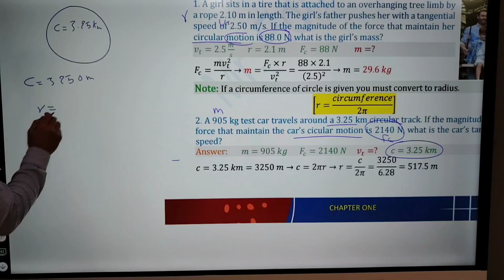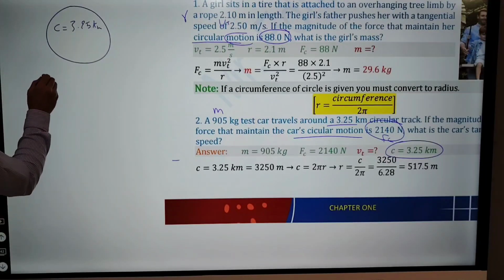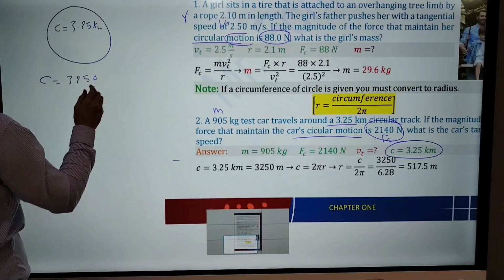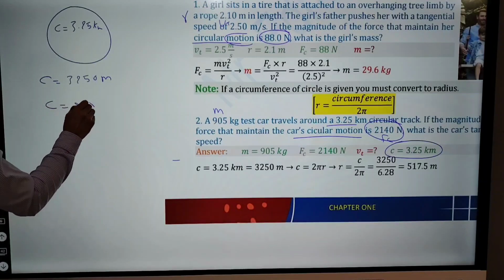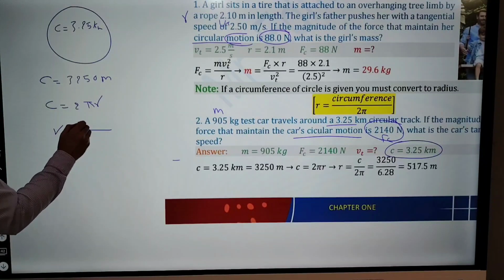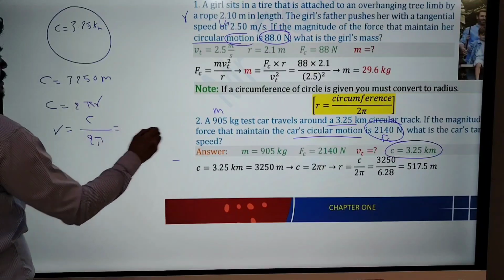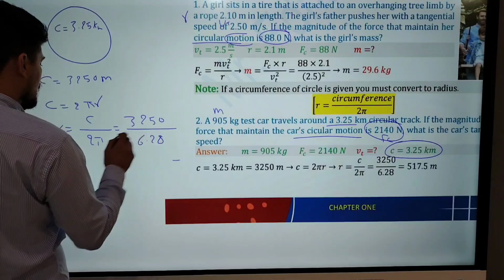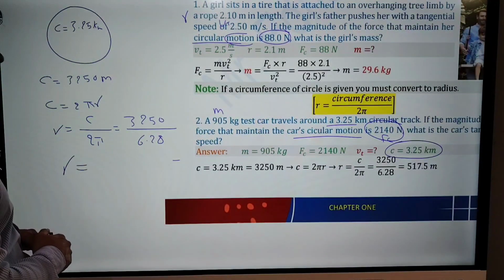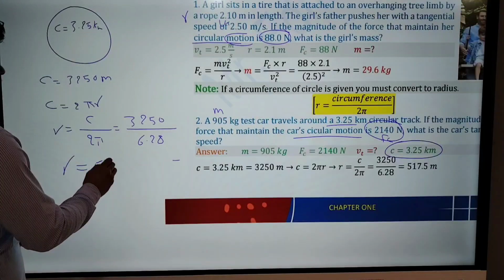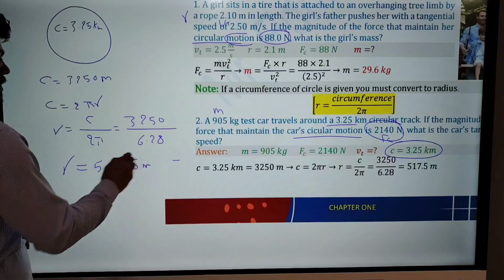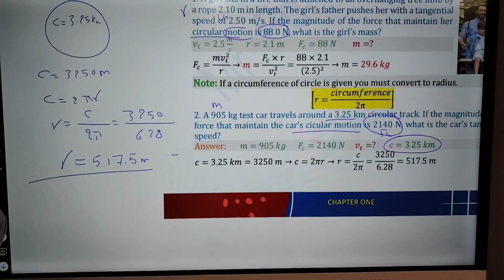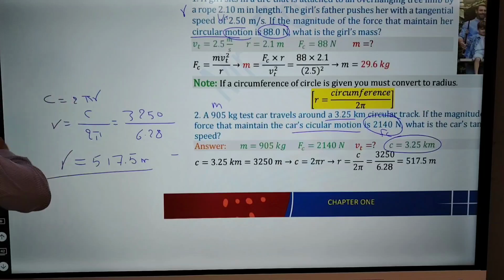Because C is equal to 3,250 meters, and C is equal to 2 pi R, R is equal to C over 2 pi. 3,250 divided by 6.28. The radius is equal to 517.5 meters.